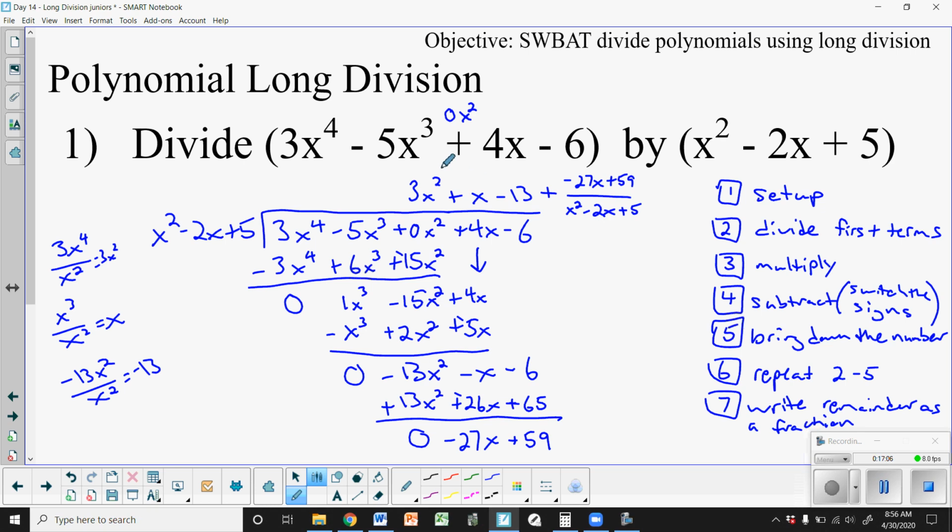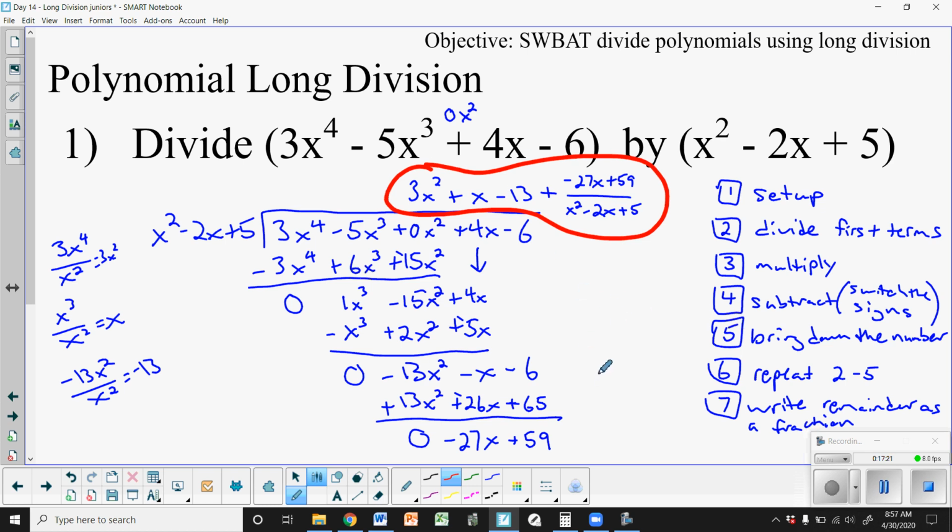And this is our solution. This is the answer. When you divide this polynomial by this polynomial, we get this as our solution.